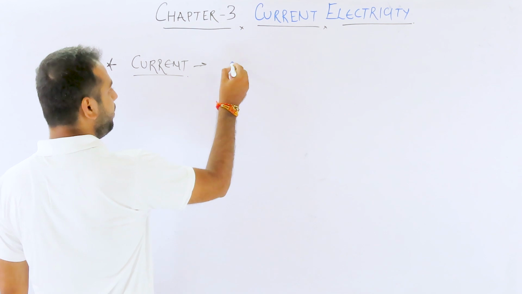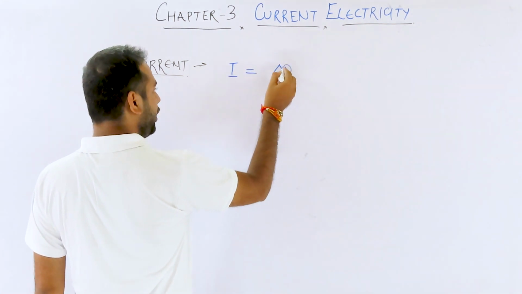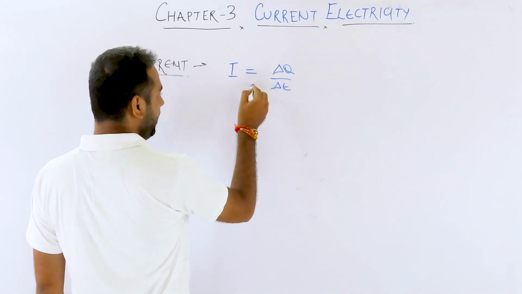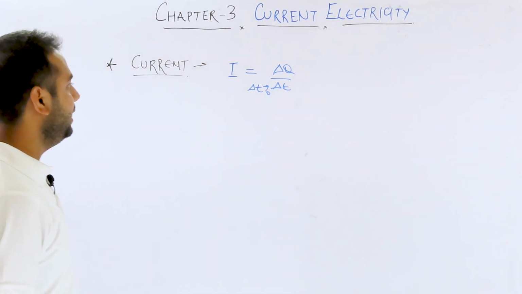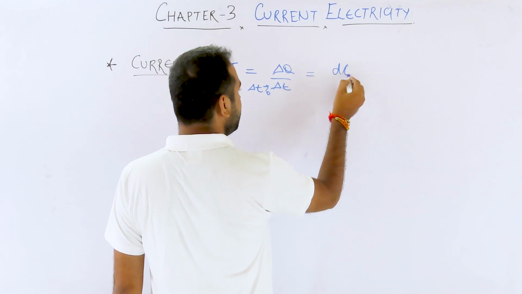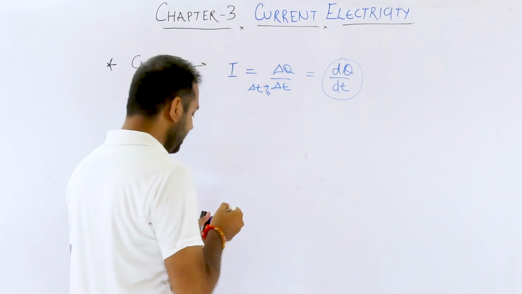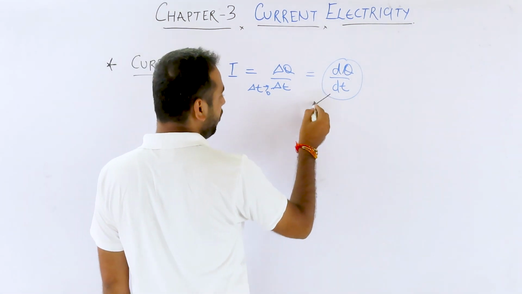So current is simply delta Q by delta T, but if delta T tends to 0, if I take the limit of delta T, then this change becomes a very small change called dQ by dt. The delta changes into a differential, a very small change.